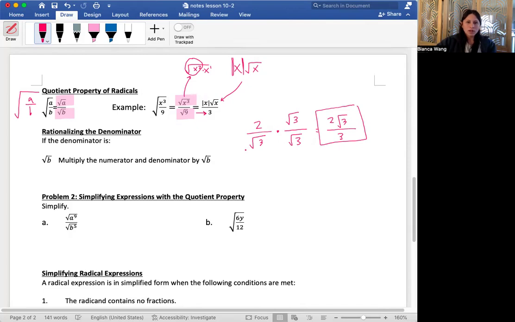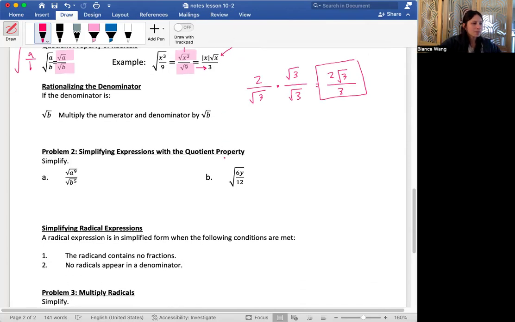So looking at this example here, simplifying expressions with quotient properties. We've got odd powers.